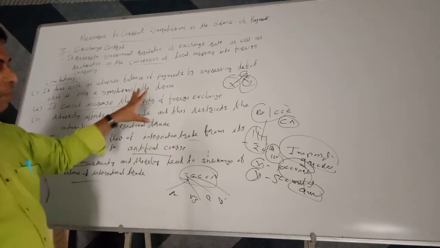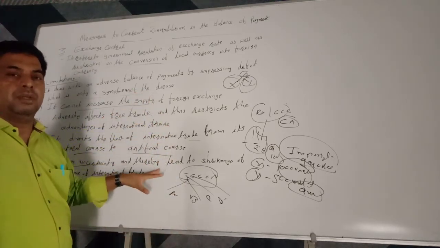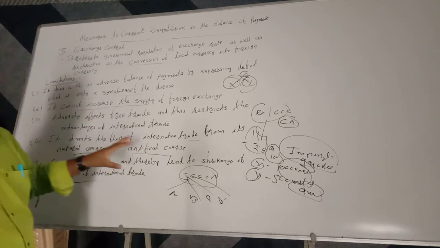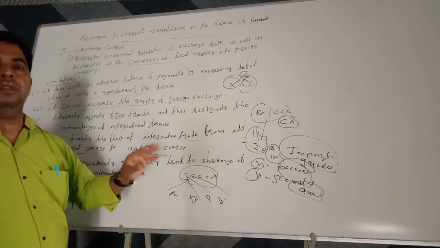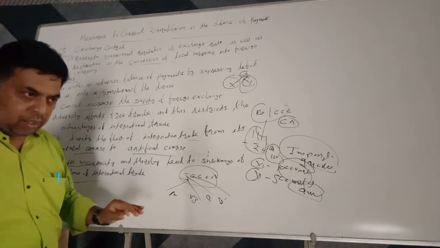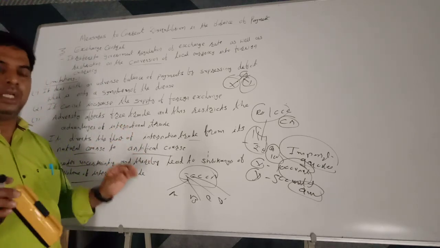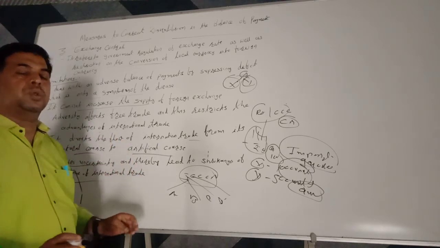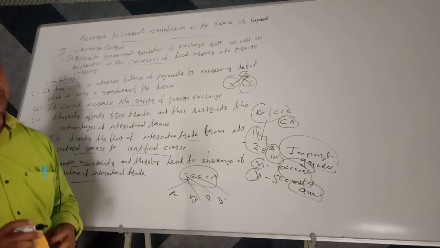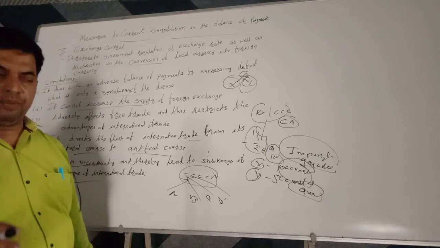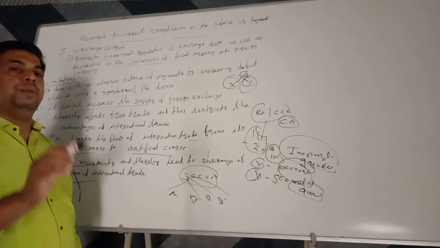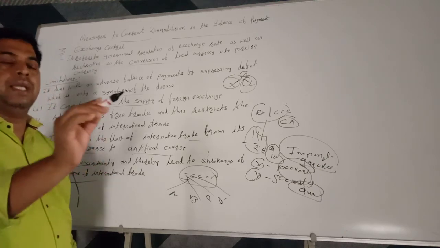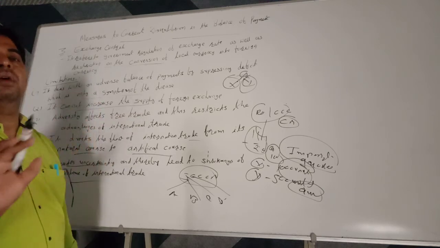Okay, three main measures we have already discussed: deflation, devaluation and exchange control. I'm repeating: exchange control, here all the exporters of the country have to surrender their export earnings to the central bank of the country at a predetermined rate, and on the basis of the availability of foreign exchange, the central bank issues license to a particular number of importers.